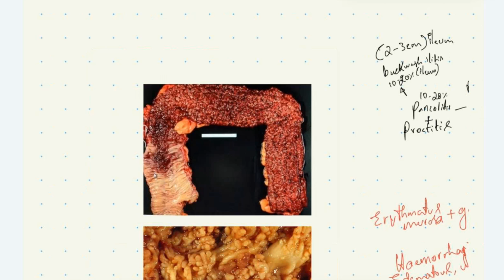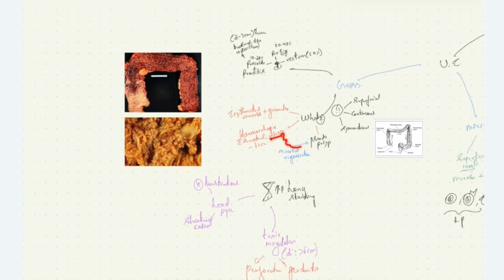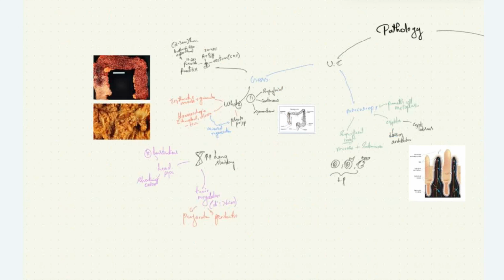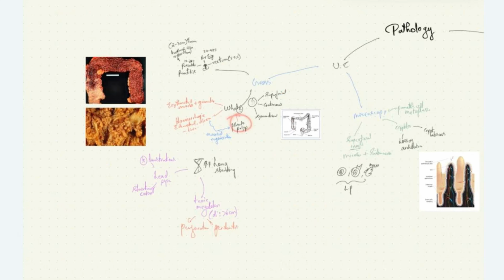After this, following ulceration, the mucosa will proliferate and regenerate. Upon regeneration, it leads to the occurrence of pseudopolyps, which are seen in ulcerative colitis. So pseudopolyps are seen in chronic cases due to mucosal regeneration.